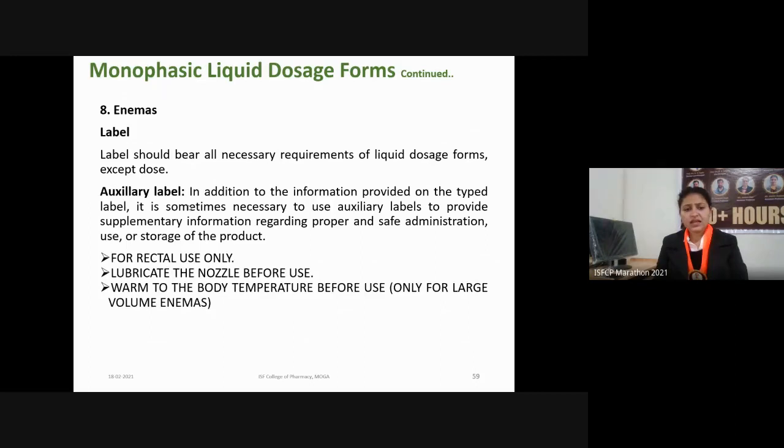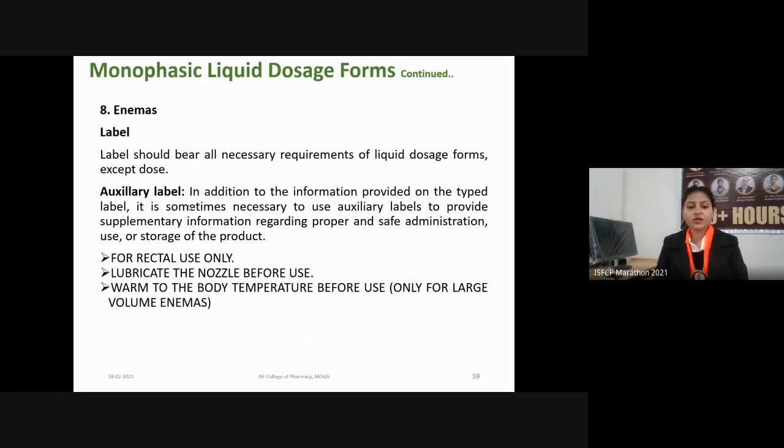Along with the label, these auxiliary labels should carry supplementary information regarding the product. Information like: these are only for rectal use.